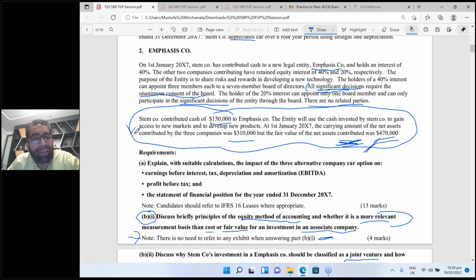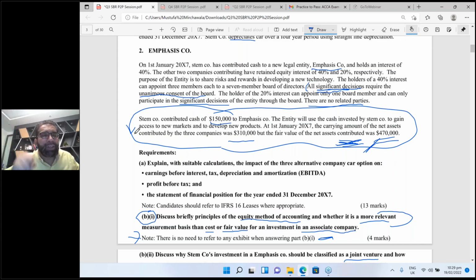So, dear students, I just use these numbers in my calculation. 470,000 multiplied by 40% is 188. That means STEM company got a fair value share of 188.